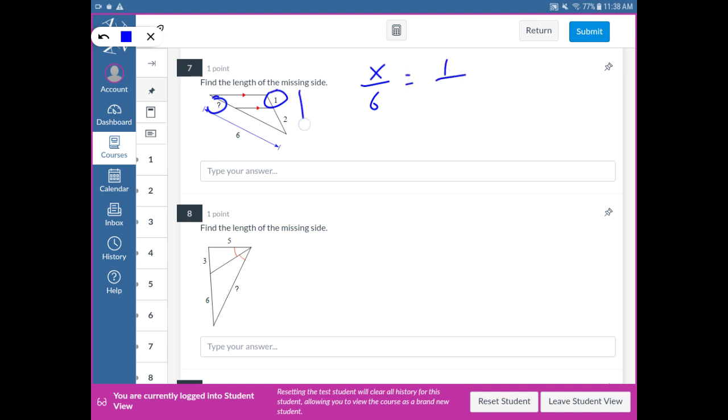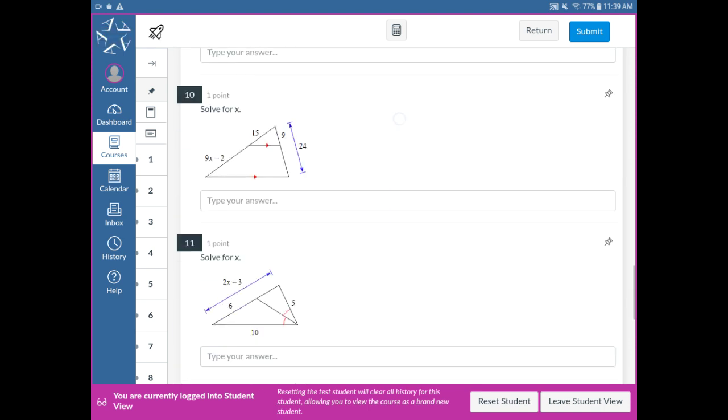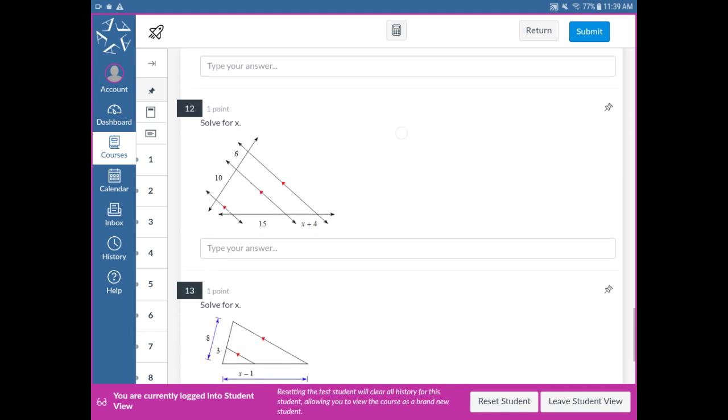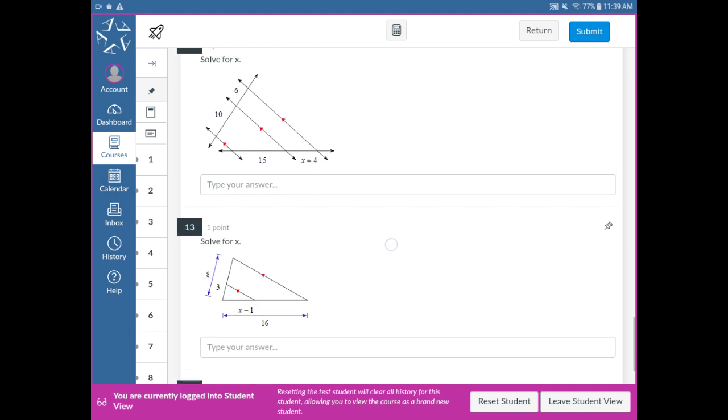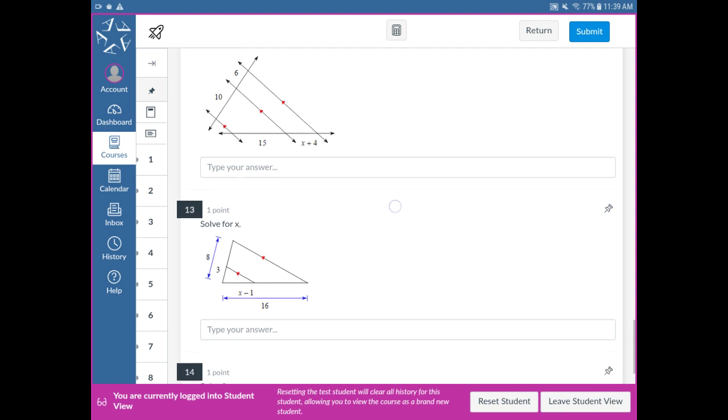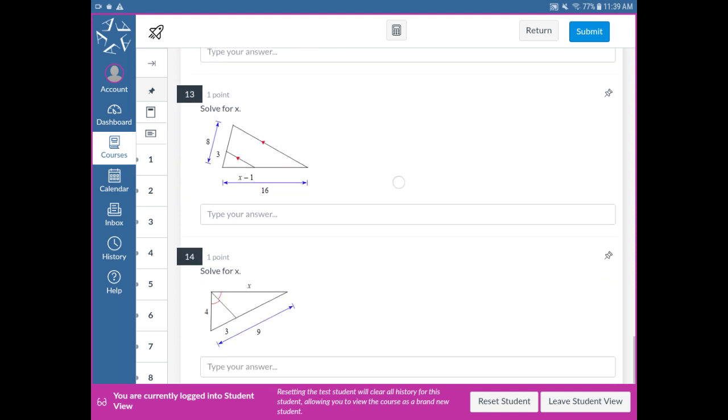So part 1 is 3 divided by z equals z over 9. Oh, hey, we had this one earlier. So z squared equals 18. z equals the square root of 18. So that's one we already did. 4.2. All right, that is all the Unit 6 work.